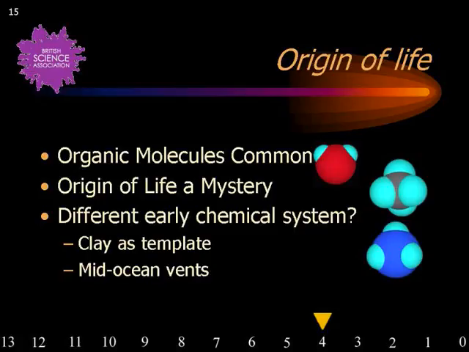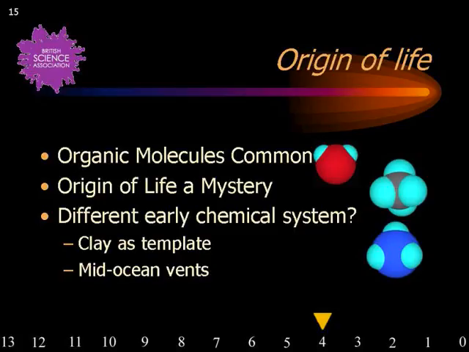Could it have evolved? Some people think that life started by adsorption onto clays, and that somehow it then evolved and changed to the present system. And could it have been formed somehow by geological process? Instead of forming in the air, could it have formed at the hot spots under the oceans?